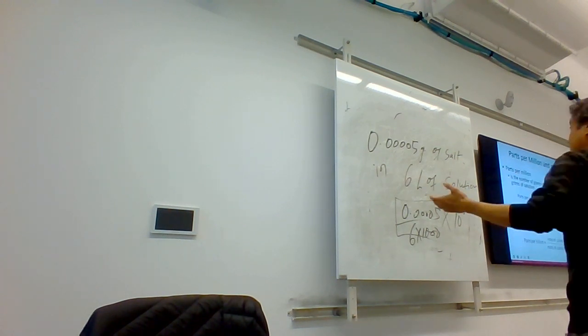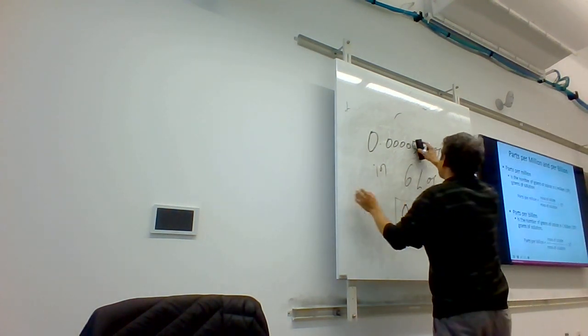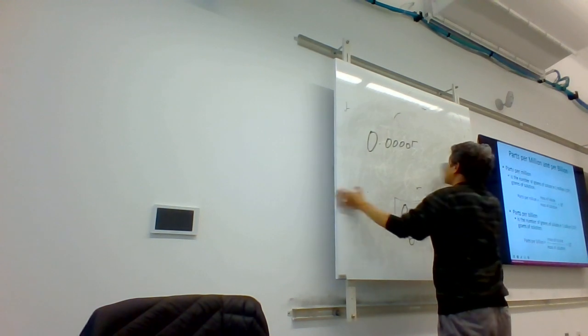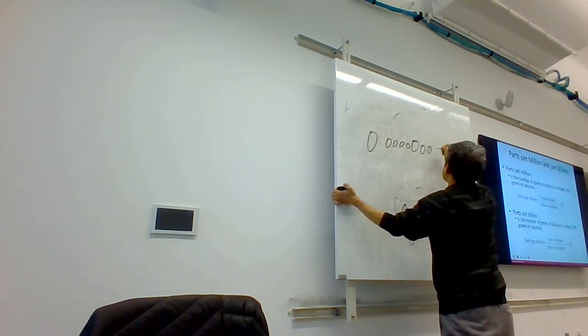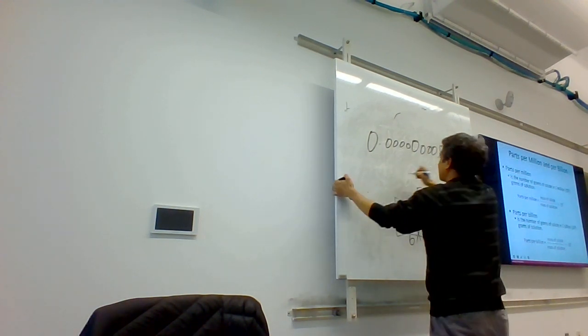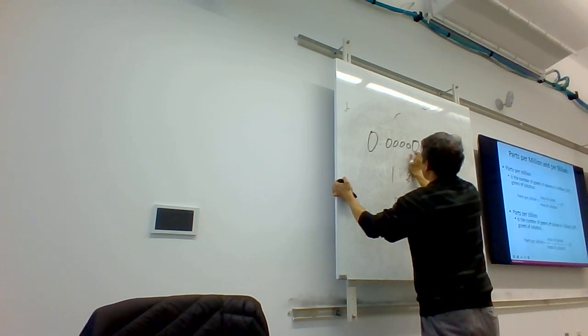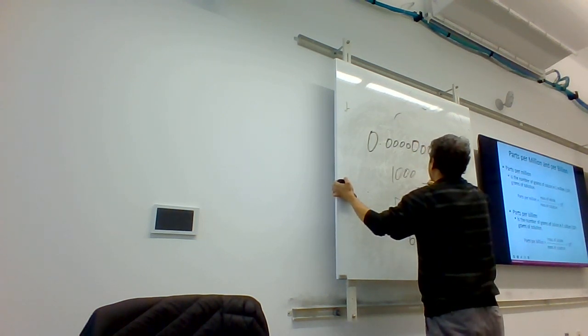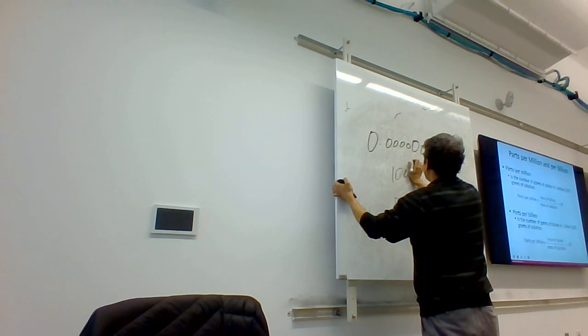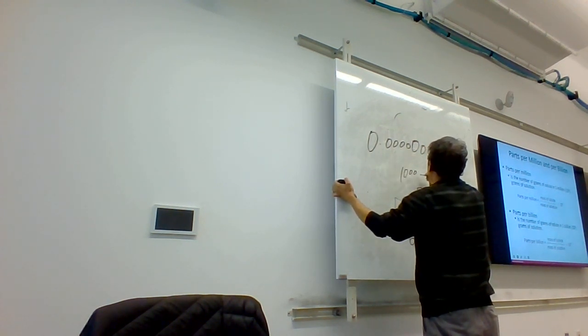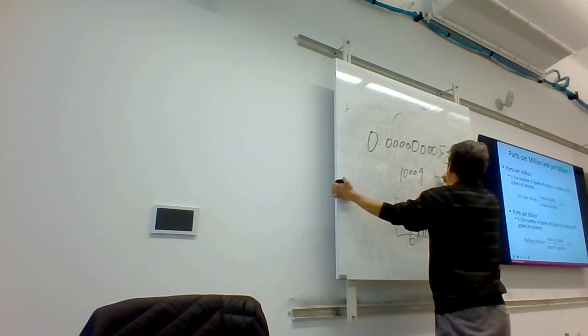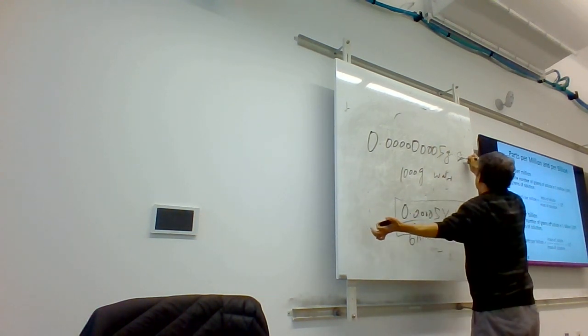Now if the solution is even weaker, maybe the solution is like this: 0.00005 gram of salt in 1 kilogram, or 1000 gram, of water.